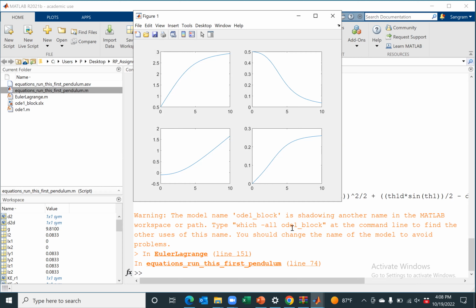This is d2 and time, and this is d2 dot and time. So just check the initial conditions. Can you see that the first initial condition was 0.5, second initial condition was 0.5, third initial condition was minus 0.1, and the fourth initial condition was 0. So that's the first state, second state, third state, and fourth state.